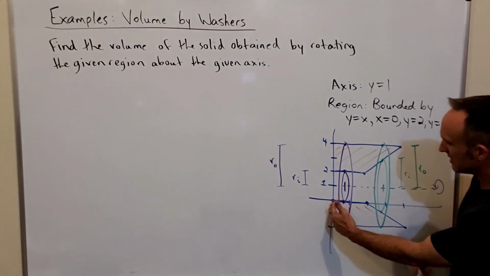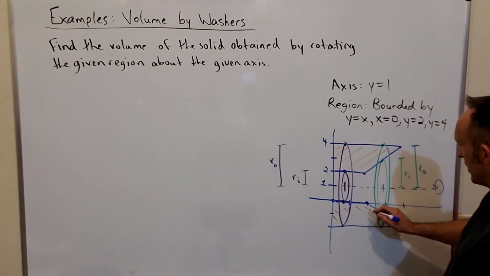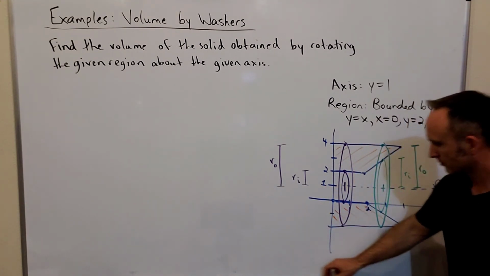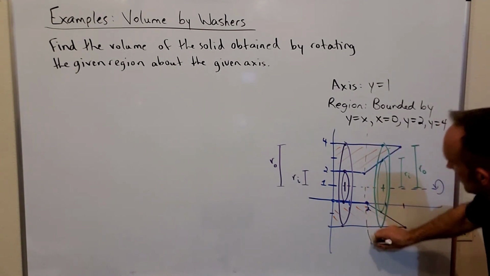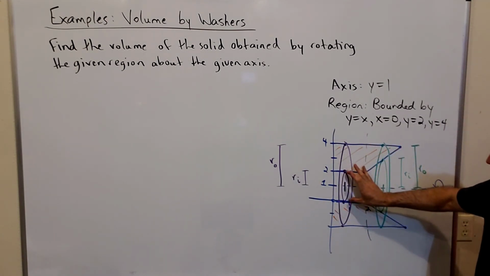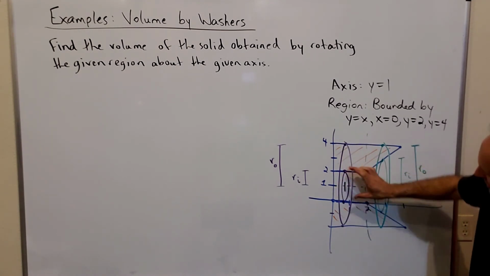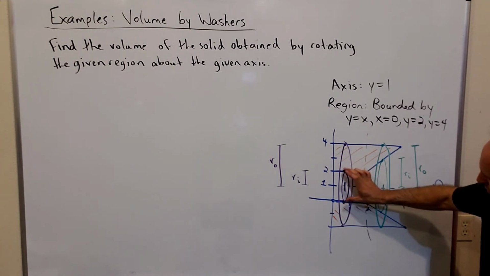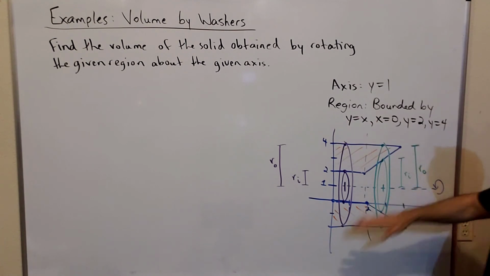You should be able to see that from 0 to 2, remember that this is an x value of 2 here, my inner radius and outer radius are both dictated by the same thing all the way across. The inner radius from 0 to 2 is dictated by the top and the bottom, which are the lines. The outer radius is dictated by the line and the line on the bottom.